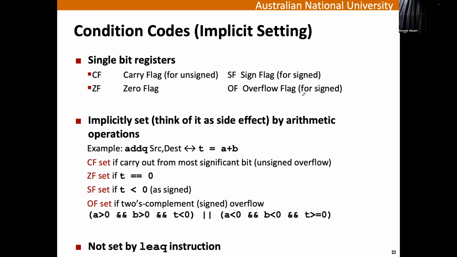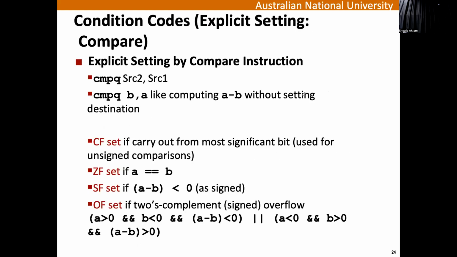Now in ARM, which instruction was used to set the condition codes explicitly? CMP, compare, right? We have a similar instruction here, cmpq. Once again, we are using q because we are looking at the 64-bit ISA.